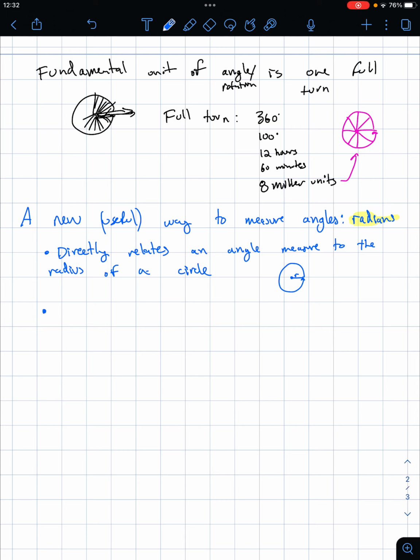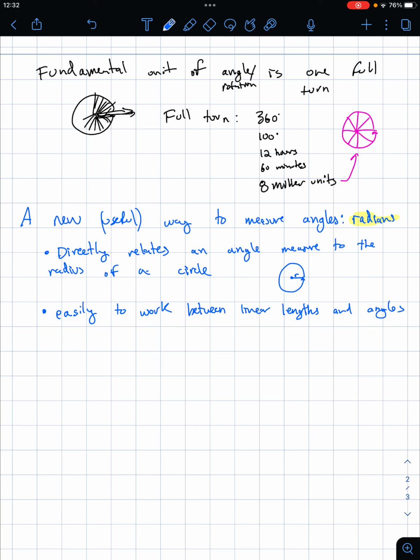Another thing that's going to be nice is because we're basing it off radius, it's like a length. So we're going to be more easily able to work between linear lengths and angles.